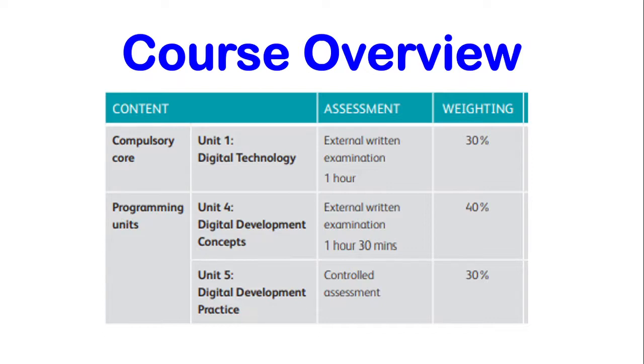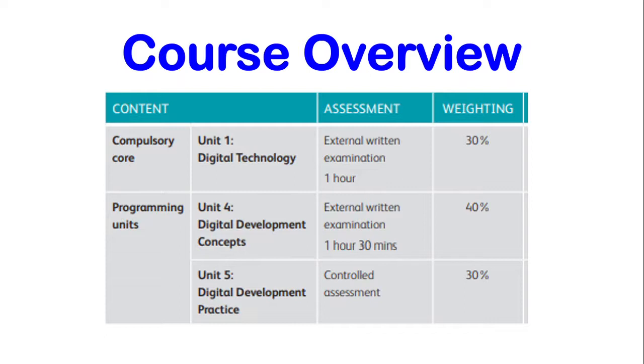All students will study Unit 1, which is a theory-based unit, assessed at the end of Year 12 through a 1-hour external exam, worth 30% of your overall mark. We cover the theory for this unit in Year 11, certainly concentrating in terms 1 and 2.